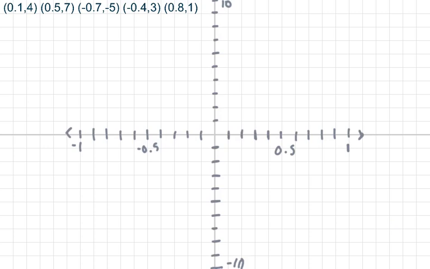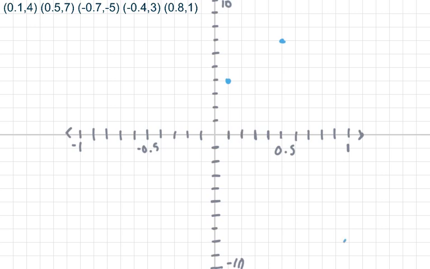So for this one, for 0.1 and 4, we are going to go over to 0.1 on our x-axis, and then up 4. So it is right there. And 0.5 and 7, we're going to go over to 0.5, and then up to 7. -0.7 and -5.